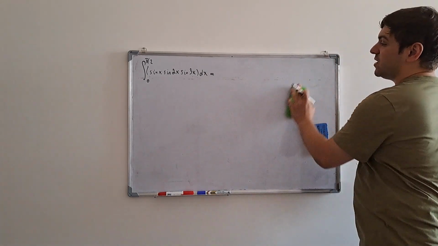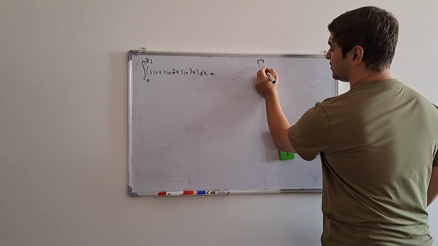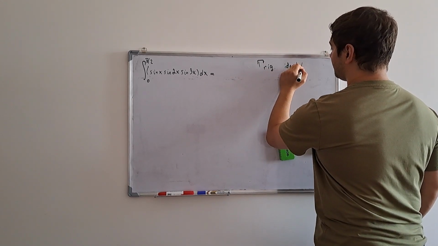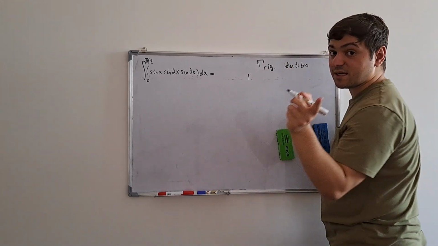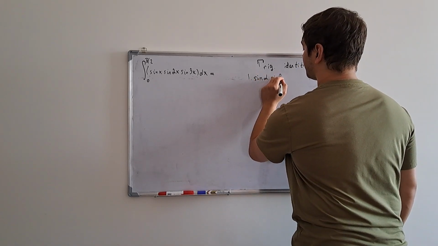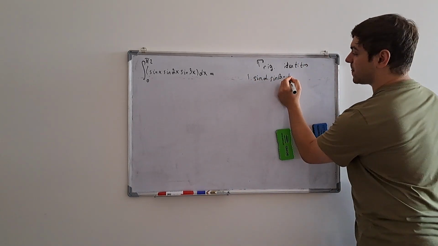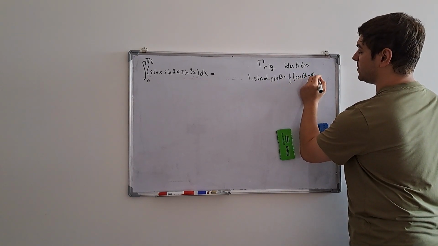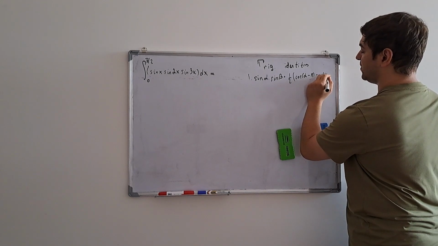So the number one identity that I will be using here is this one: sine alpha times sine beta gives us 1 over 2 times cosine of alpha minus beta minus cosine of alpha plus beta.